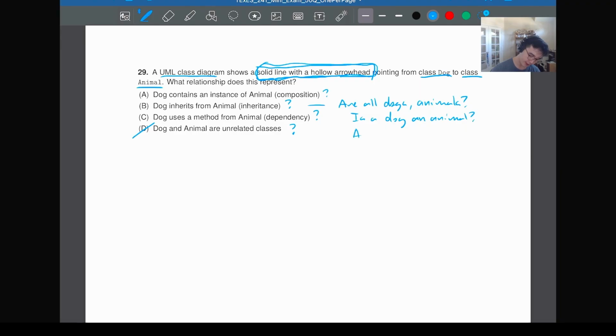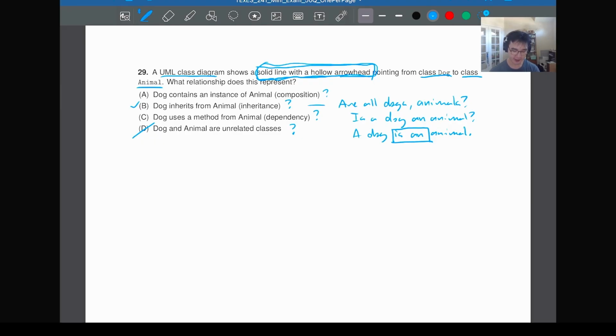Or a dog is an animal, if you like periods instead of questions. So that is the test for inheritance. This is an is-a type of test. Yeah, dog inherits from animal. All dogs are animals. A dog is an animal. It passes the is-a test. So A is looking good.